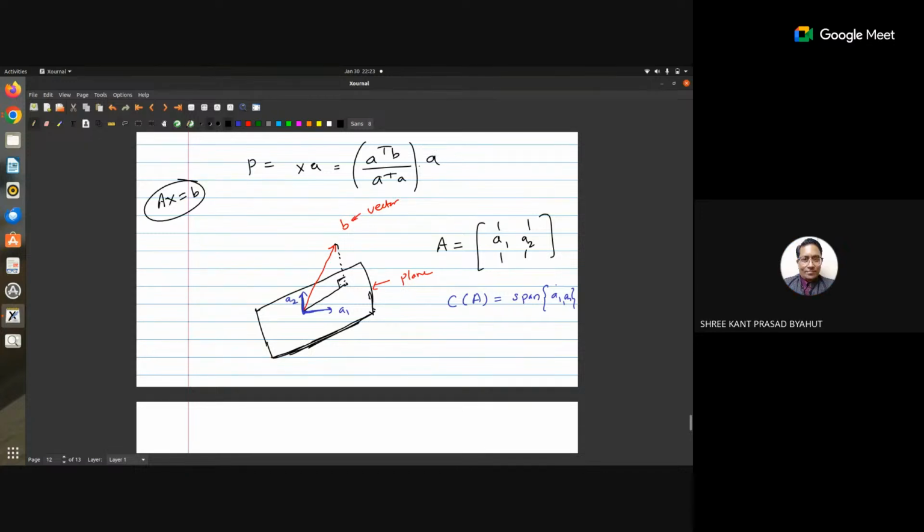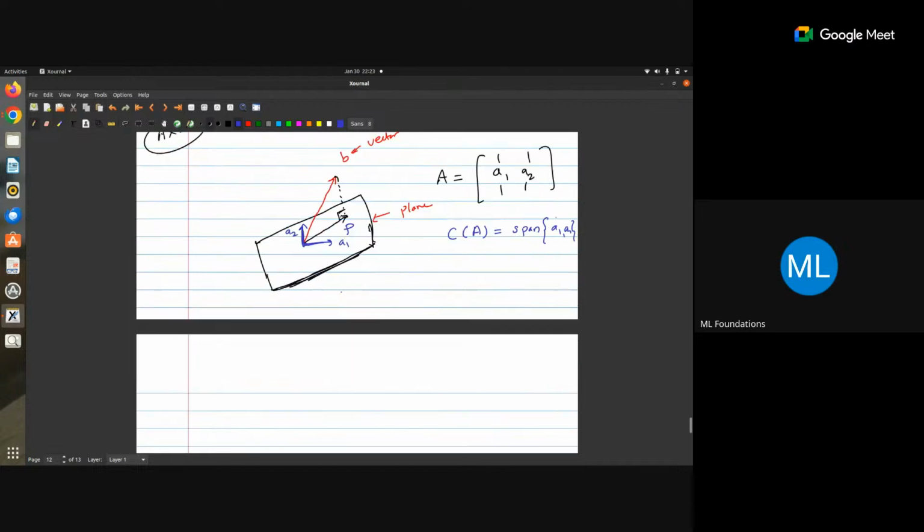Suppose, let us say, this has some P. But when I say this B is perpendicular to that plane, and P is some projection, we don't have to worry about projection currently. Can I say that this vector B is also perpendicular to A1 and perpendicular to A2?